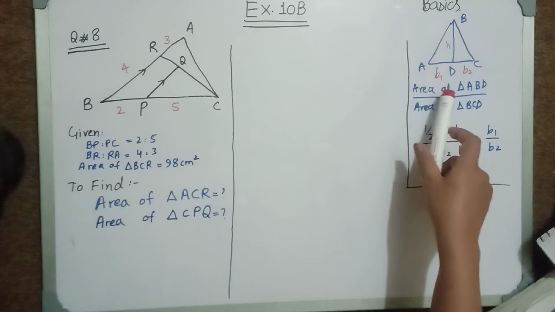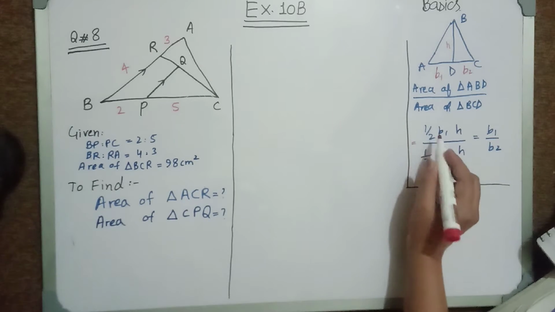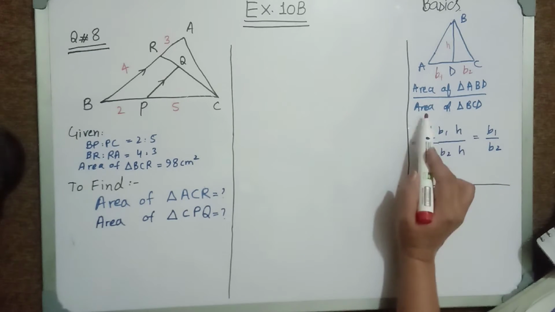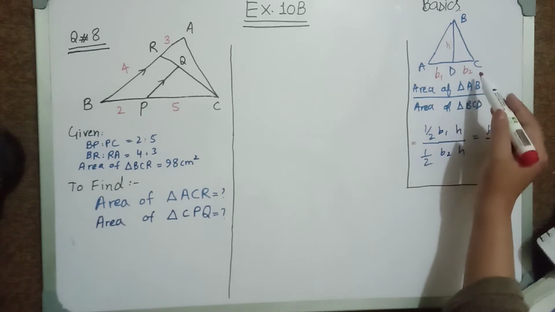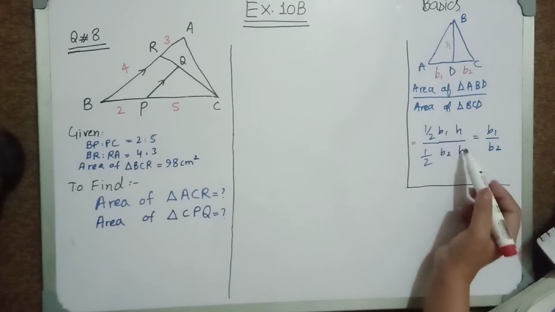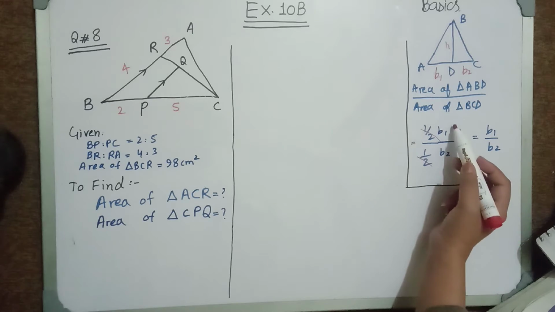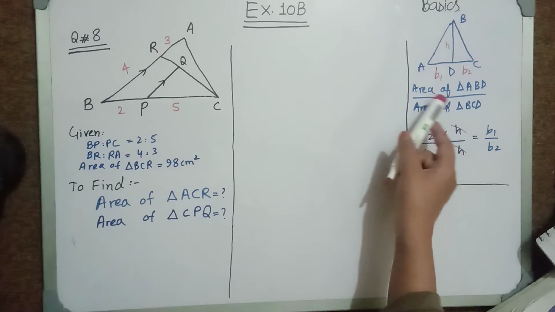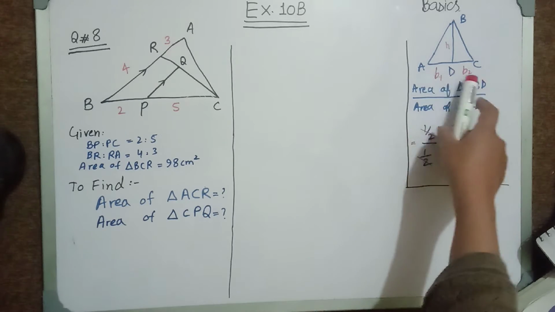So I have written that area of triangle ABD, which is this triangle, is equal to half into its base, that is B1, and height, over area of triangle BCD, which is this other triangle, would be equal to half into its base, which I have written as B2, and height, because the height is common in both triangles, so I have written them as H. Now here you can see that half will be cancelled, and likewise height will also be cancelled, and we will get this formula that the ratio of areas of triangles will be equal to the ratio of bases of those triangles.